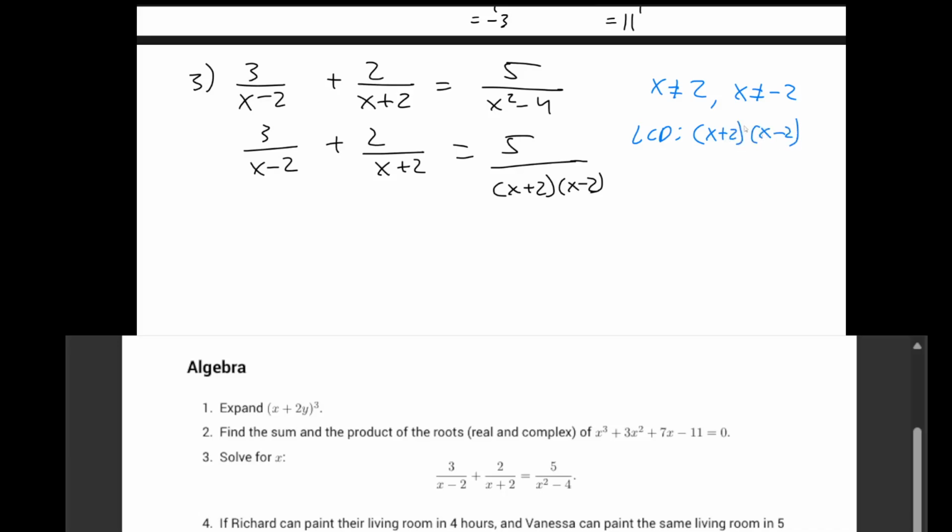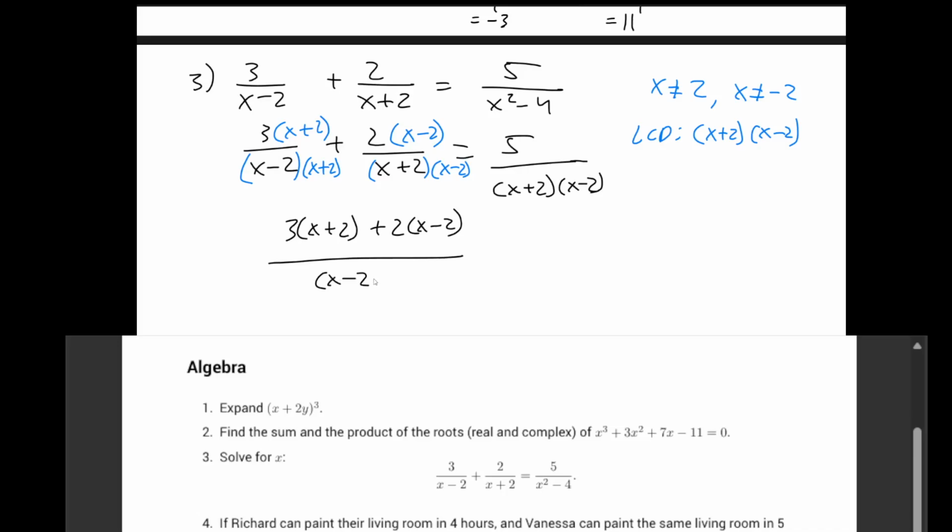Anyway, our LCD, our least common denominator, would just be x plus 2 times x minus 2. So I'm going to multiply this by x plus 2 over x plus 2, and this by x minus 2 over x minus 2. Then we get 3 times x plus 2 times x minus 2 all over x minus 2 times x plus 2 equals 5 over x plus 2 times x minus 2.